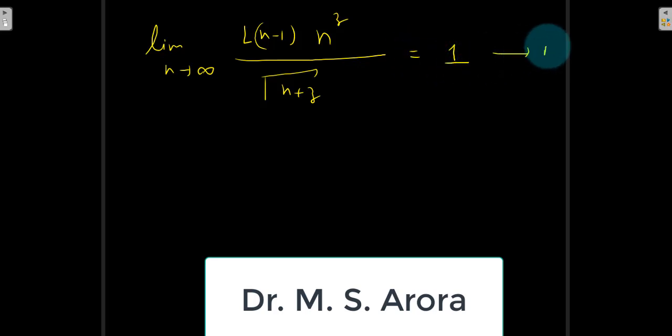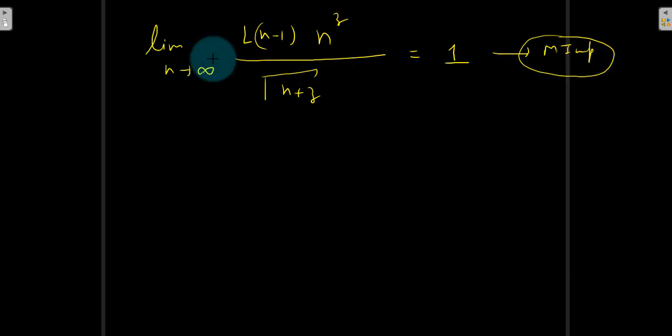This is the most important result, and we will use it not only in this chapter but throughout this course of theory of generalized functions. This result is going to be recalled and used again and again. So how would you prove this?